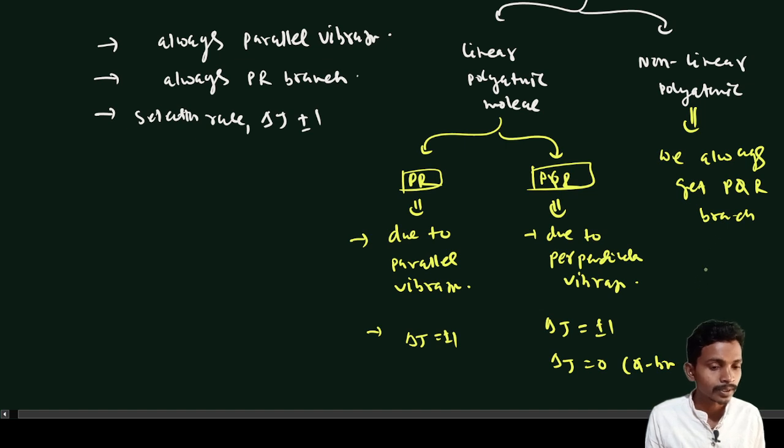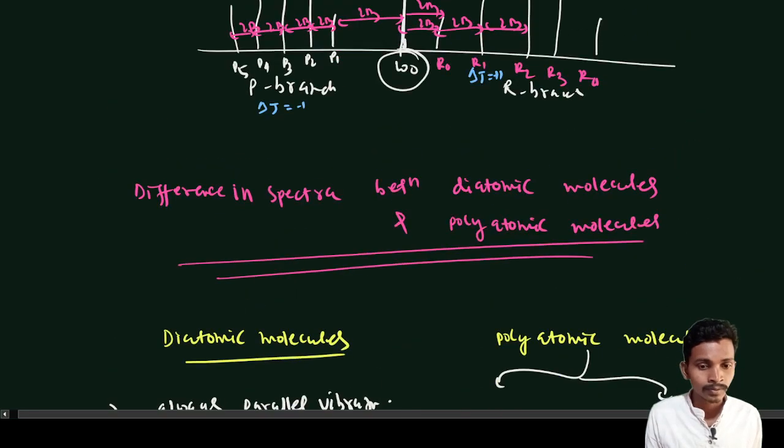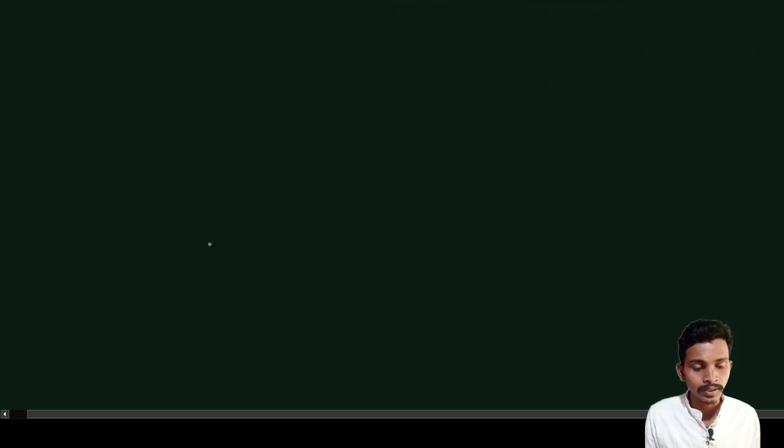Here also it is the same. So these are the selection rules for linear polyatomic molecules, non-linear polyatomic molecules, and also diatomic molecules. Now, how will the spectra look, we will discuss today.